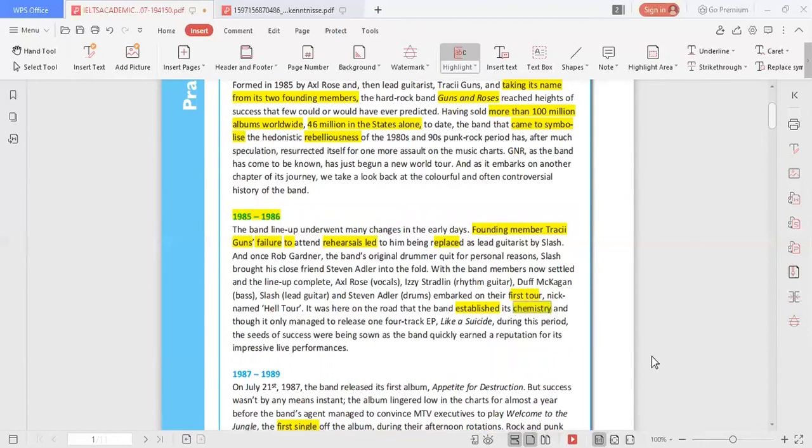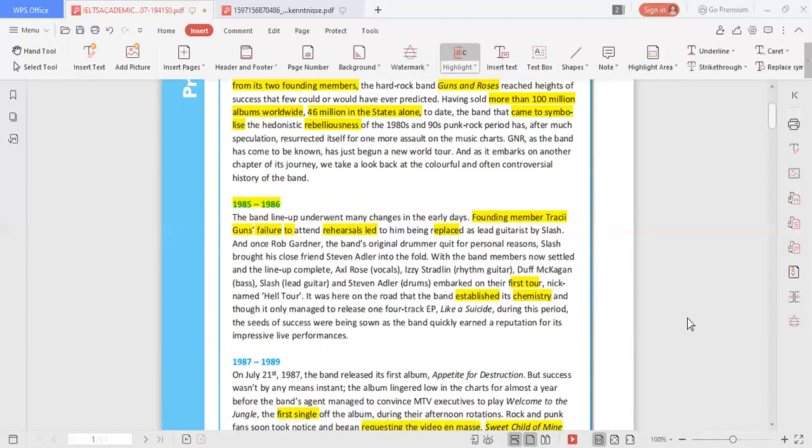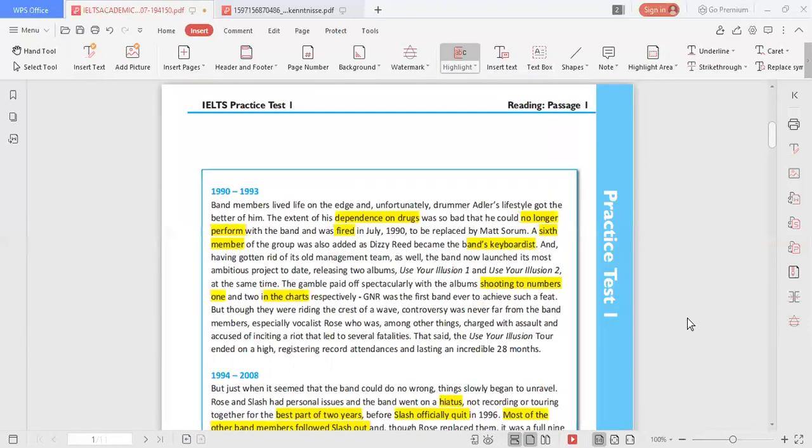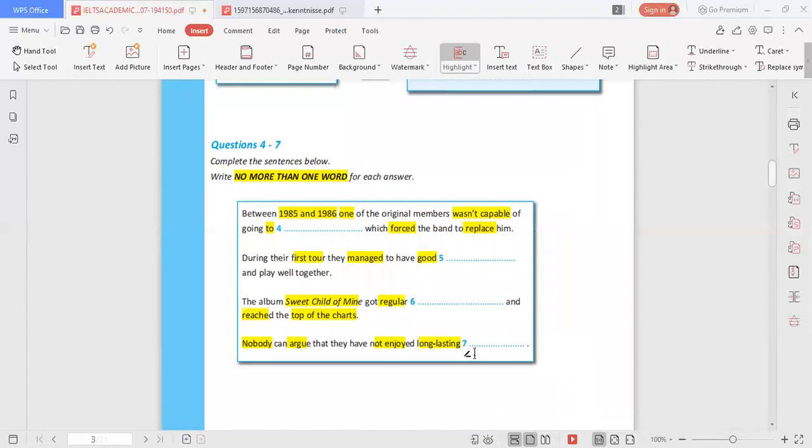So they managed to have good chemistry and they played well together. So chemistry is the correct answer. So go ahead and try and figure out questions 6 to 7. You've got the keyword help from me. Use that. Trust me, you will find all these keywords there, either directly or synonyms for them.